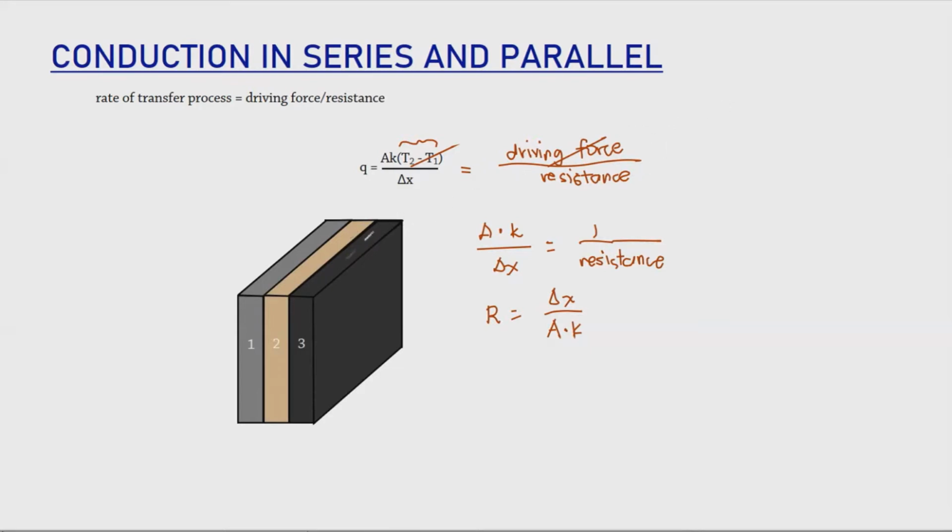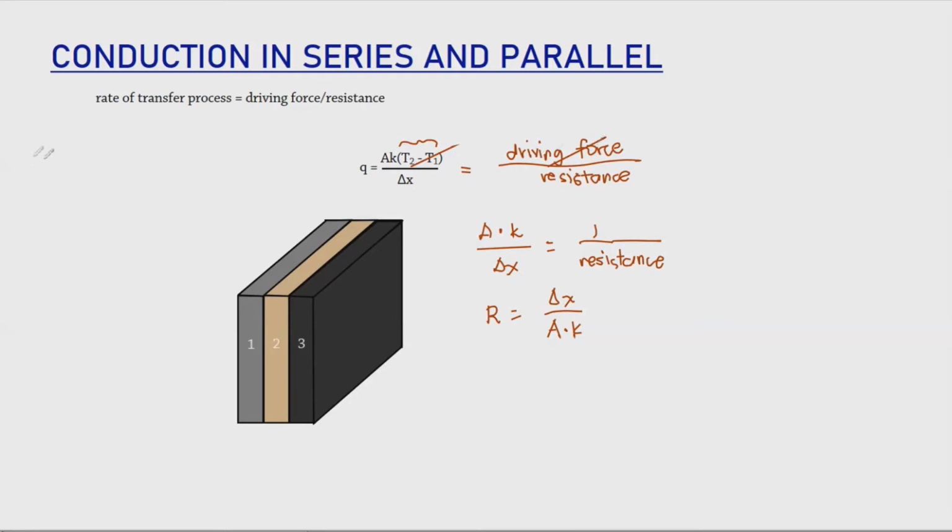And of course, if they are separated and there's no contact in between them, then it is in parallel. We'll be focusing more on the series because parallel orientations are much less common, and in general you're just adding the conduction of heat with each of the solid materials.